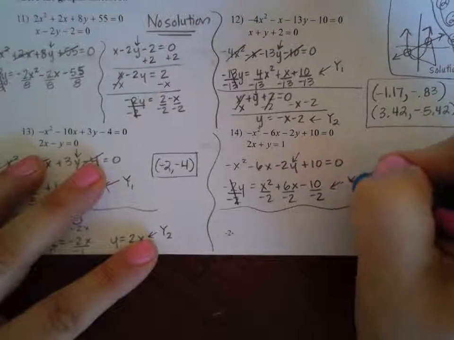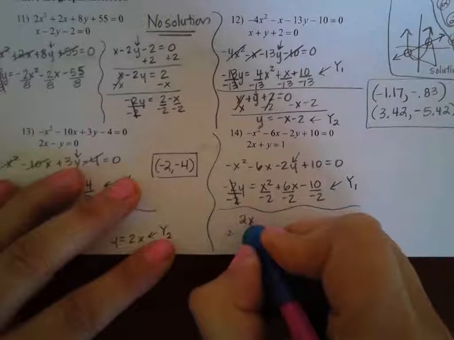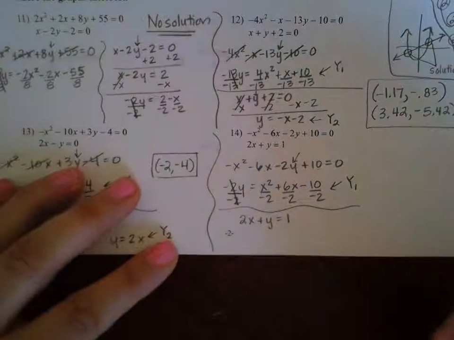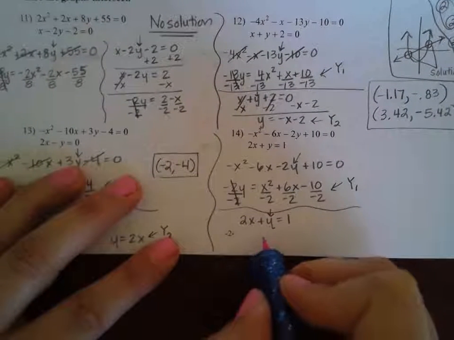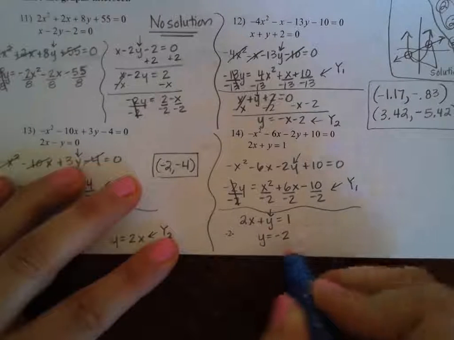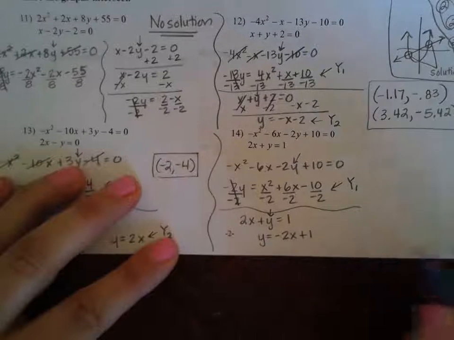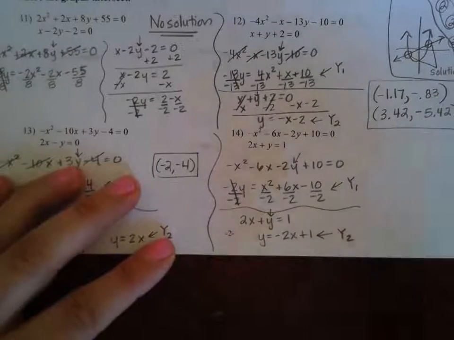Oh, by the way, you're putting that in your y1. For the second equation, you're doing 2x plus y equals 1. We want to get this y by itself, so you're going to subtract 2x, y equals negative 2x plus 1. This goes in your y2.